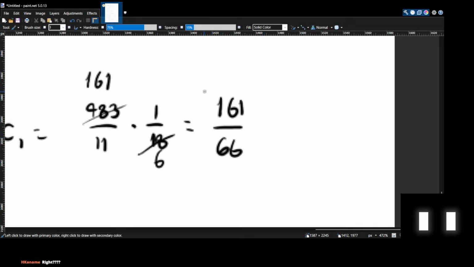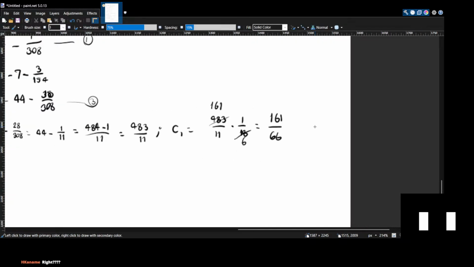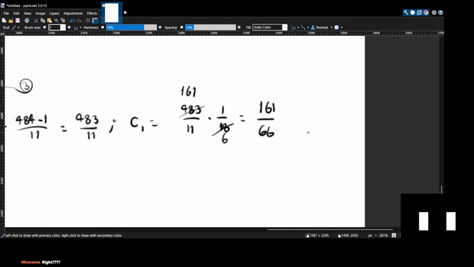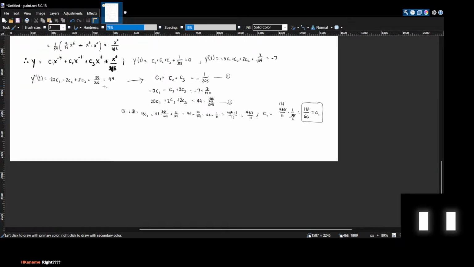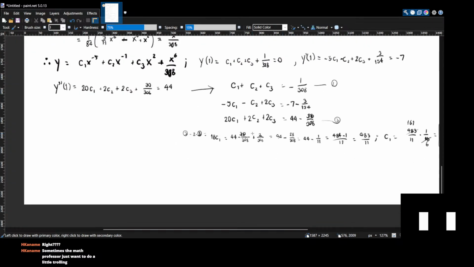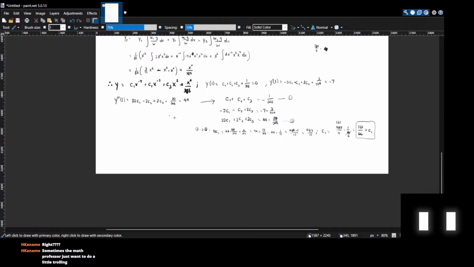It's divisible by 7, but that's kind of just it. So, well, we got C1 though, at least. The rest should be relatively simple. Sometimes the math professors want to do a little trolling. I suppose so.